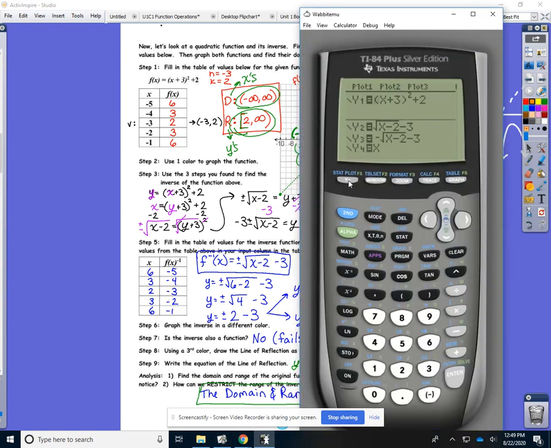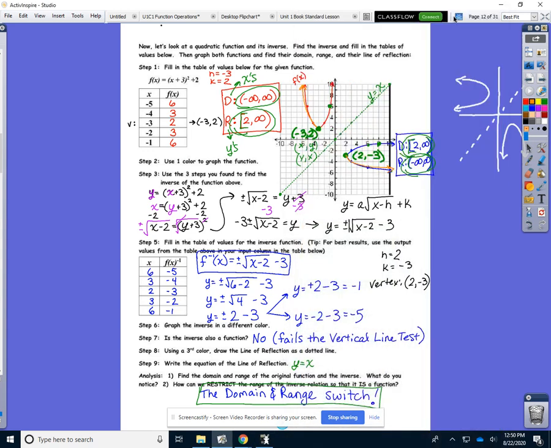Well, all I really have to do is say, hey, before I graphed this negative part, this did pass the vertical line test. So if I get rid of that and I look at the graph, right here, this is now a function.